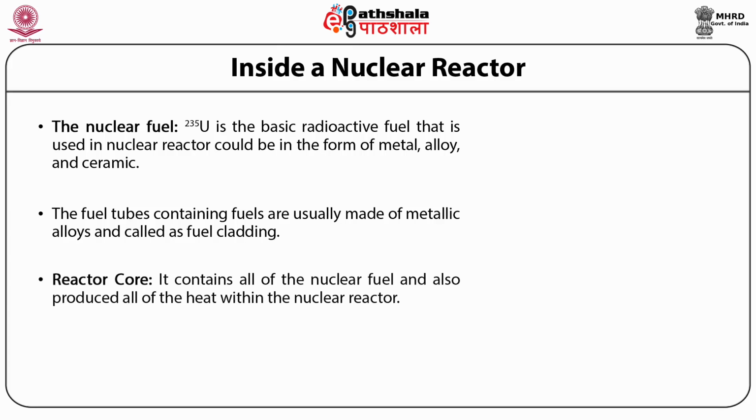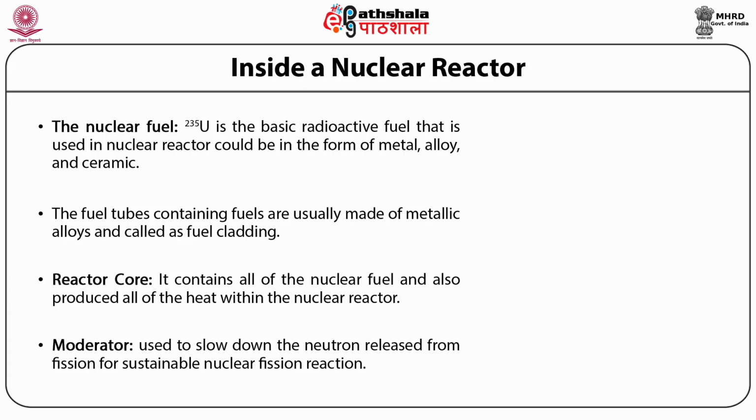Next is the reactor core. It contains all of the nuclear fuel and also produces all of the heat within the nuclear reactor. Moderator. The moderator is a material within the core that is used to slow down the neutrons released from fission for a sustainable nuclear fission reaction.